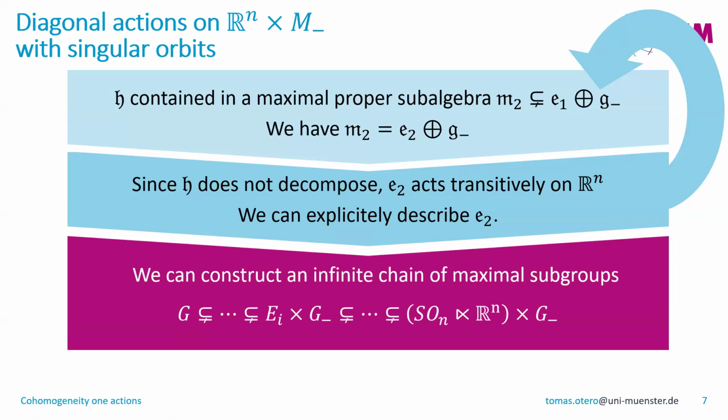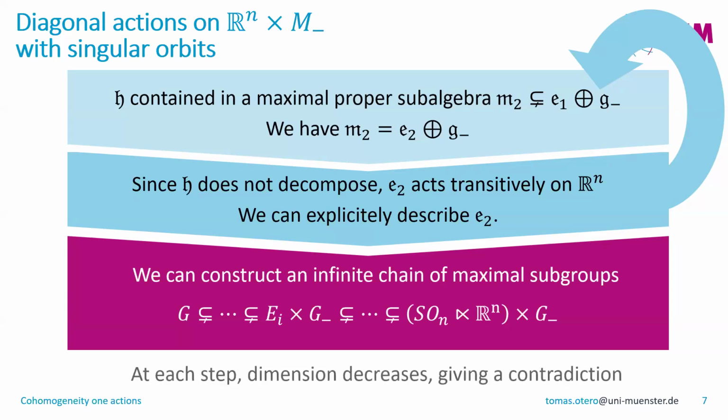But here we clearly have a problem, because this chain of maximal subgroups you should be able to construct forever, but the symmetry group of a Riemannian manifold has finite dimension, and so this is a contradiction, right?